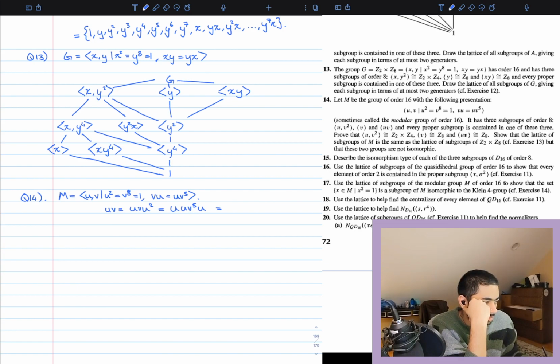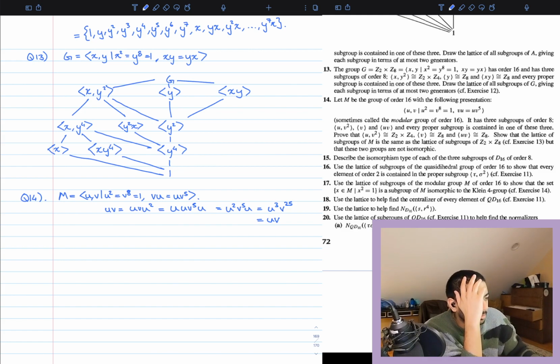Actually, I don't. Yeah, I do see actually. So this is U squared V to the 5th U. And then swapping these, you have to send V over here 5 times. So it's U cubed times V to the 25. Should be the same thing as U, and then V is order 8, which means this is UV.